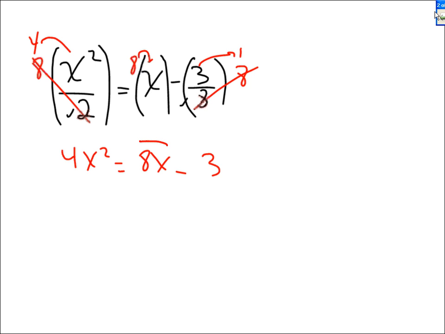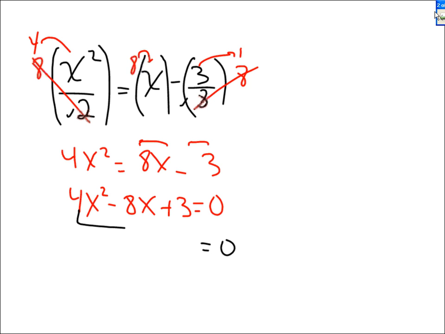Bring everything over to the other side. So you have 4x squared minus 8x plus 3 is equal to 0. And then you try to factor, and you realize you can't. You can't factor out anything. So then the right side is 0, but we're going to try to factor the left side by multiplying those 4 and 3 and getting 12.